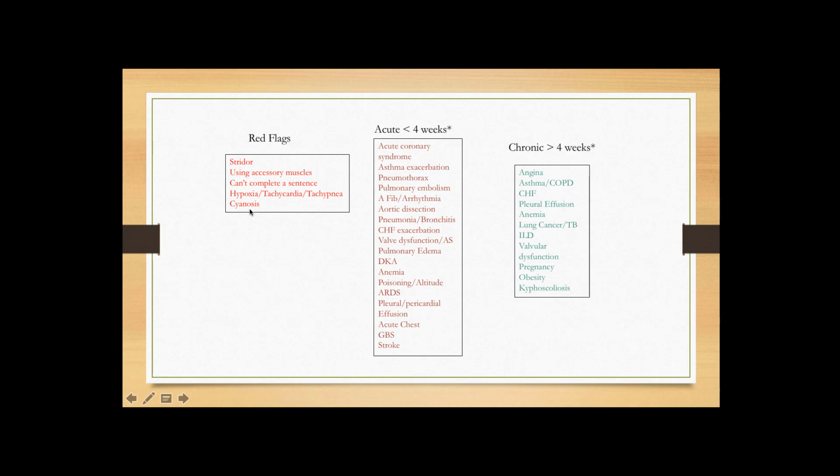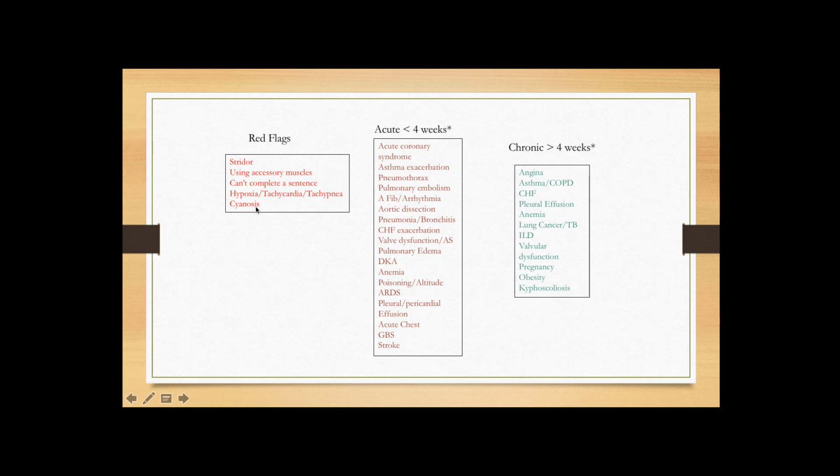Cyanosis is another red flag, but it usually doesn't develop in adult patients, so it's not very common. But if it is there, it's a really significant sign of acute distress. So usually we see cyanosis in the case of poisoning or some cardiovascular abnormalities.